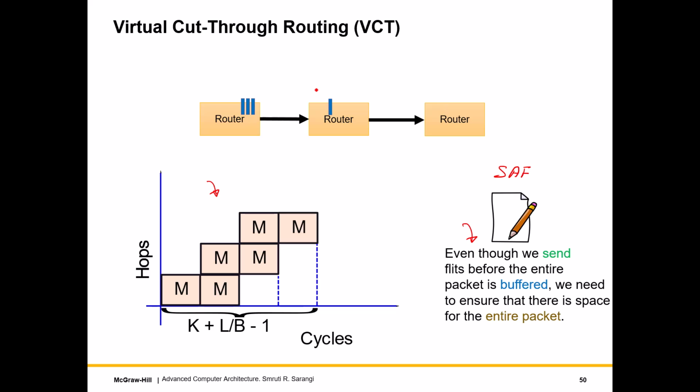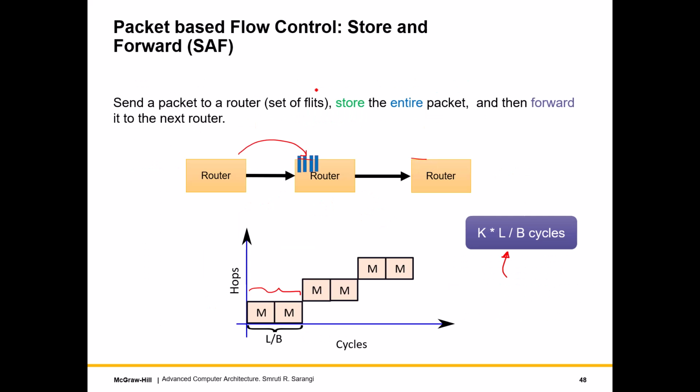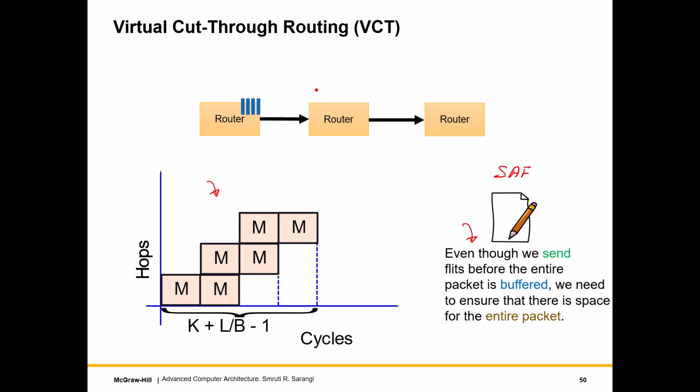If I were to compare this with the previous animation, you can quickly see the difference. The previous animation was this: the entire packet comes, it's stored, then the entire packet goes. The current animation is different, where we do reserve space at the packet level, but we don't wait for the entire packet to arrive at a router before sending any flit towards the destination.